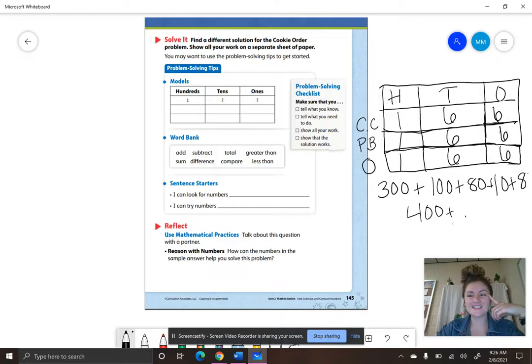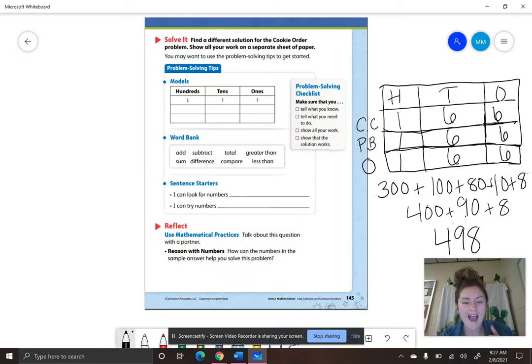So 6 plus 6 is 12, and 12 plus 6 is 18. So if we put that together, 400 plus 90 plus 8. Now, 498, I could still add 2 ones to get to 500, but what do we need to have for each type? We need to have the same number.